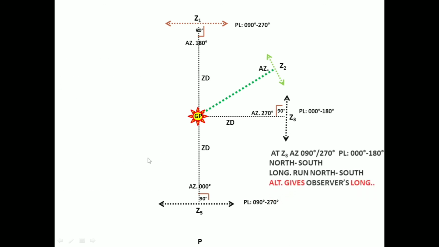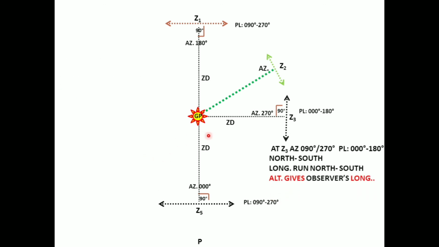When the observer was here, at that time, the azimuth was 270. The position line here is running 0180. And what runs 0180 is your longitude.